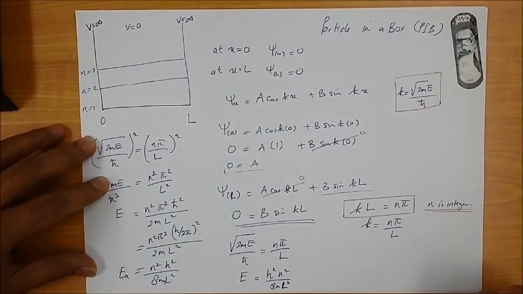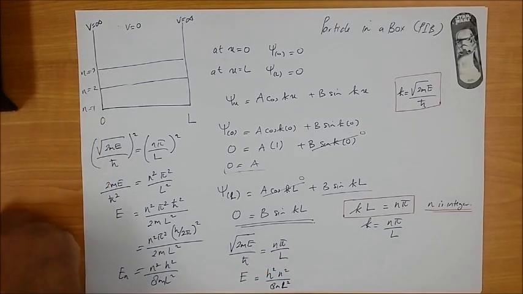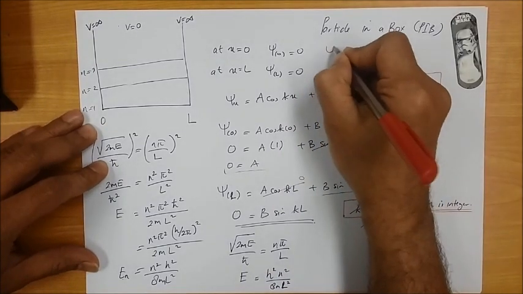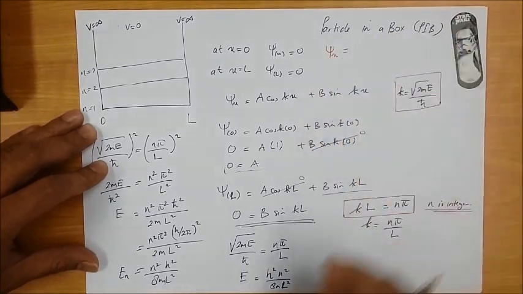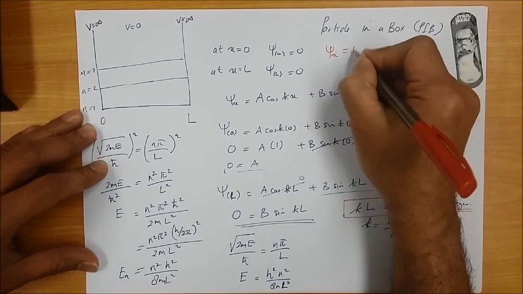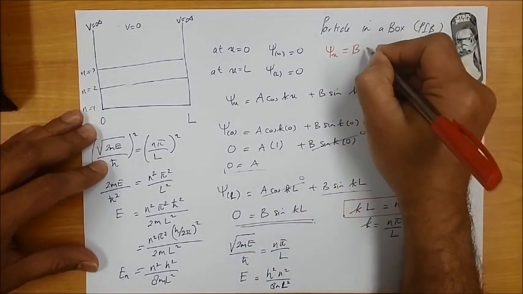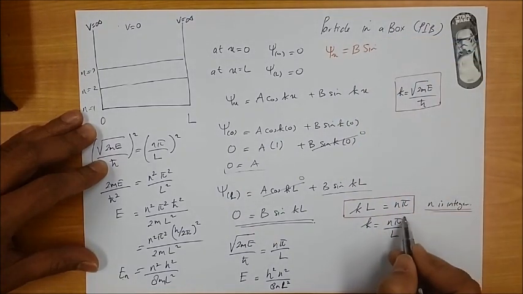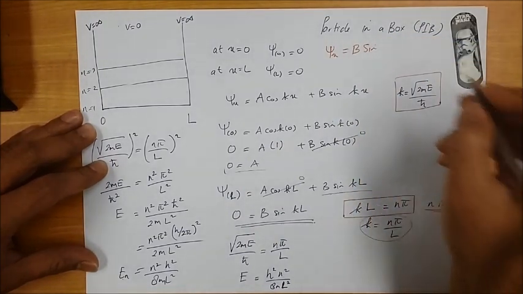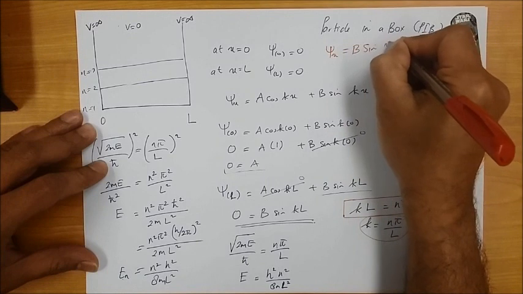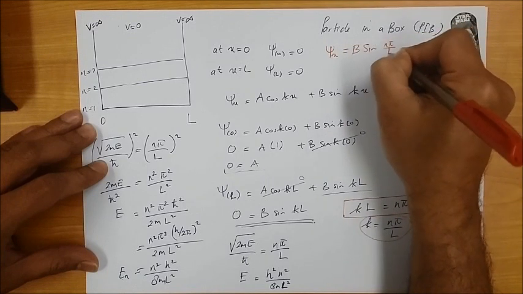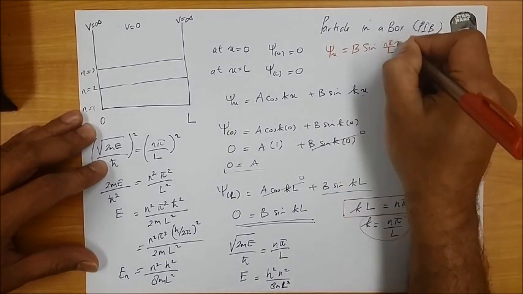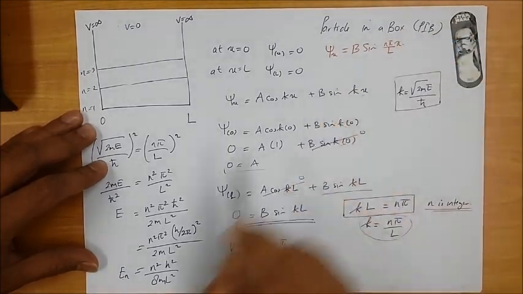Okay. And if we go back to the description of the wave function, psi(x), we have B from here, because A is 0, so we have only B. Sine k, now described as n pi over L, times x, right? So this is our wave function.